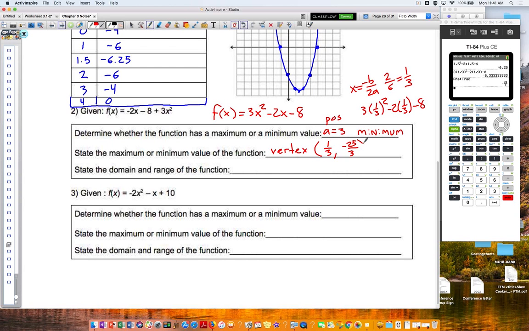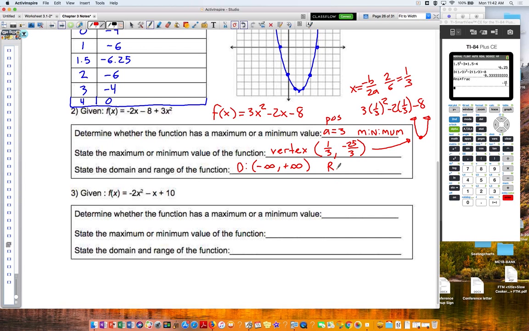So if I'm visualizing what's going on here, I have a parabola that's opening up. There's my vertex, that point. For the domain of my function, we know that the domain of all quadratics goes from negative infinity to positive infinity.